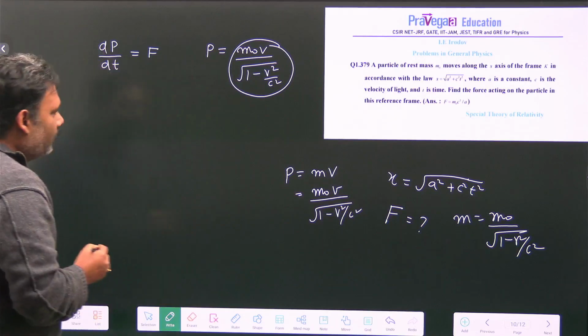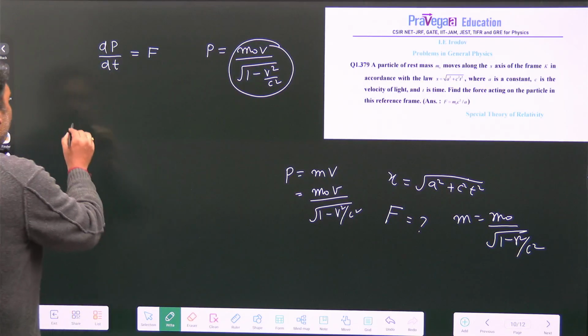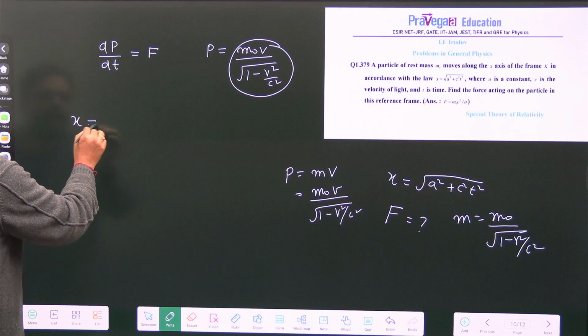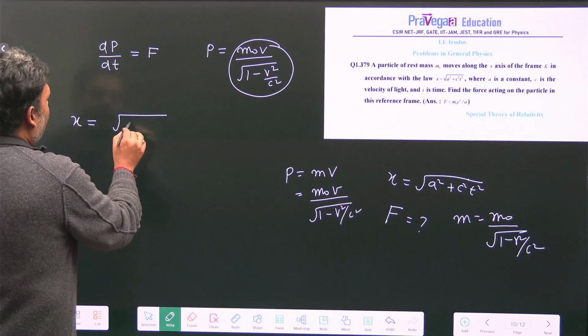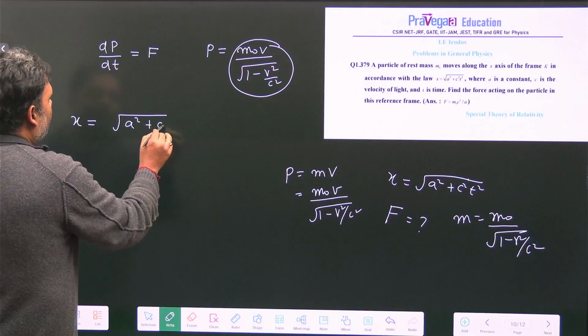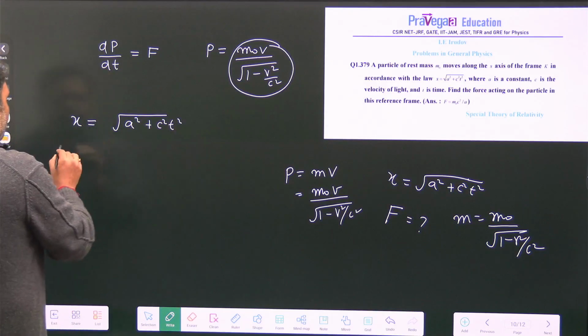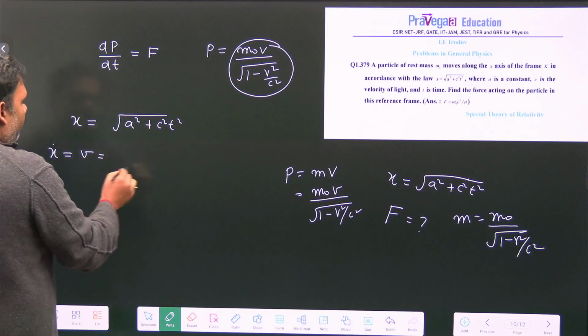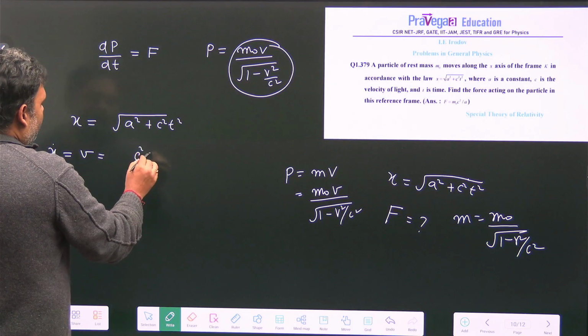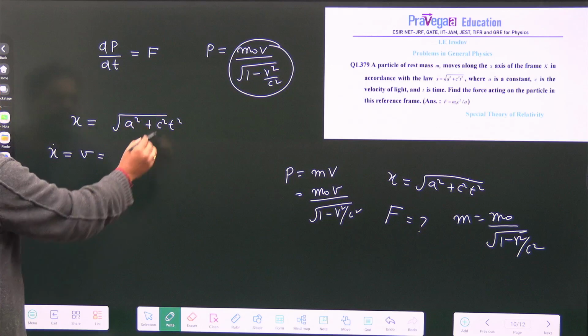So let's try to solve this problem in a very nice way. It is given that x is equal to root under a square plus c square t square. We know x dot is nothing but velocity, and we have to differentiate completely.